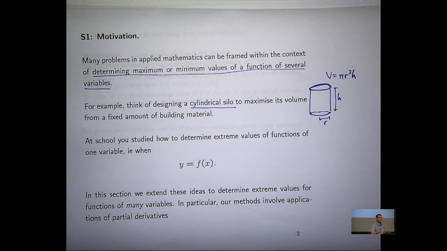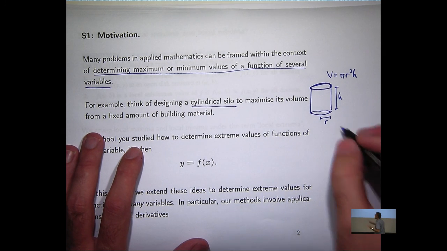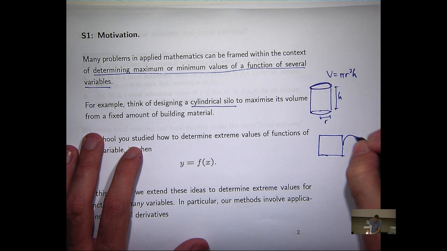You want to maximize V subject to the amount of building material used. So suppose it's got a top and a bottom.